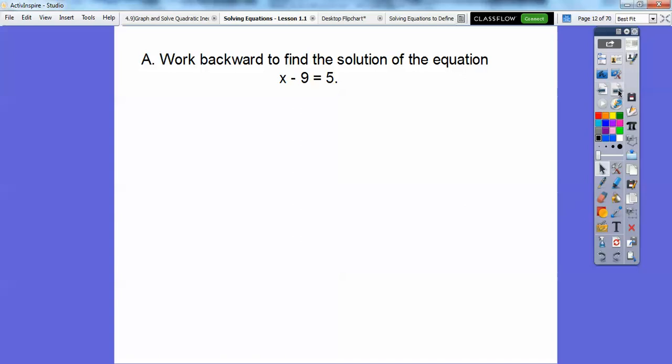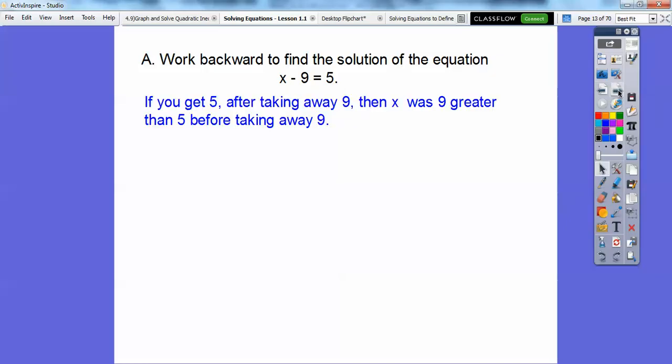Well, let's try one. Let's work backwards to find the solution of the equation x minus 9 equals 5. Now I know you guys can probably do this in your head, but if you get 5 after taking 9 away, then x was 9 greater than 5 before we took 9 away. 9 greater than 5 just means 5 plus 9, and 5 plus 9 is 14.